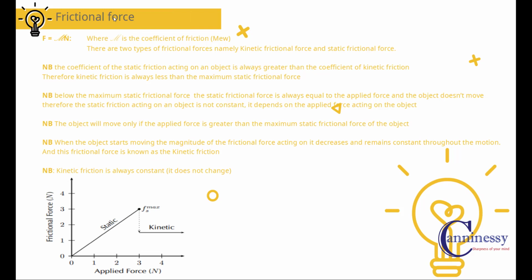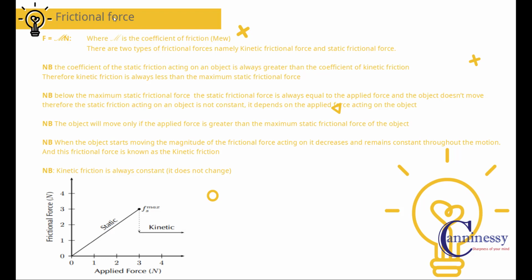As you can see from the graph below, it is a graph of frictional force against the applied force acting on an object. The frictional force is directly proportional to the applied force below the maximum static frictional force. And this type of frictional force is known as the static frictional force.